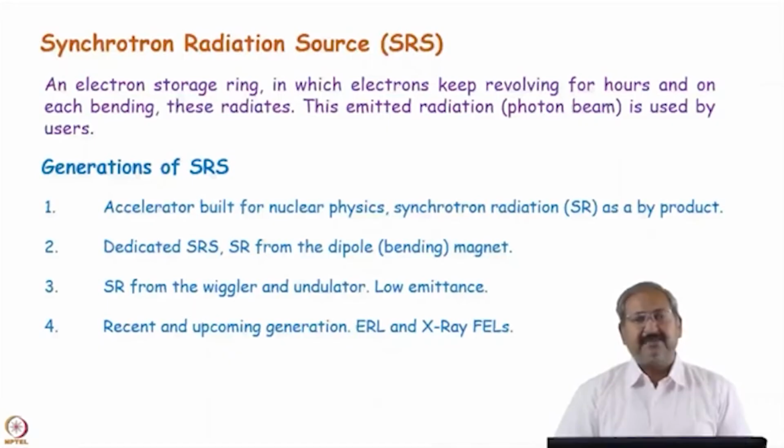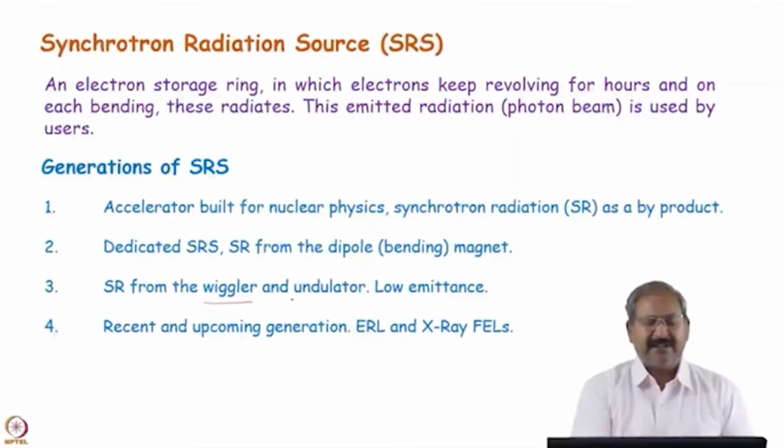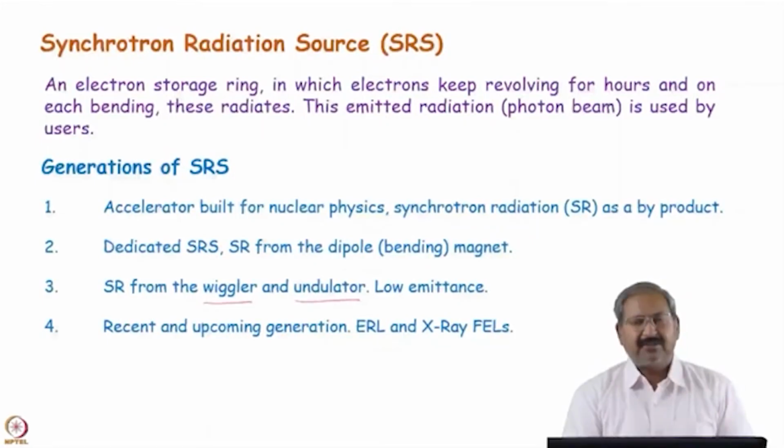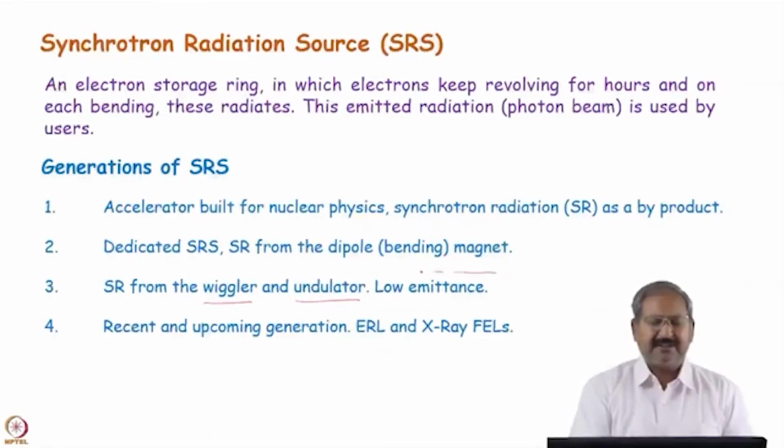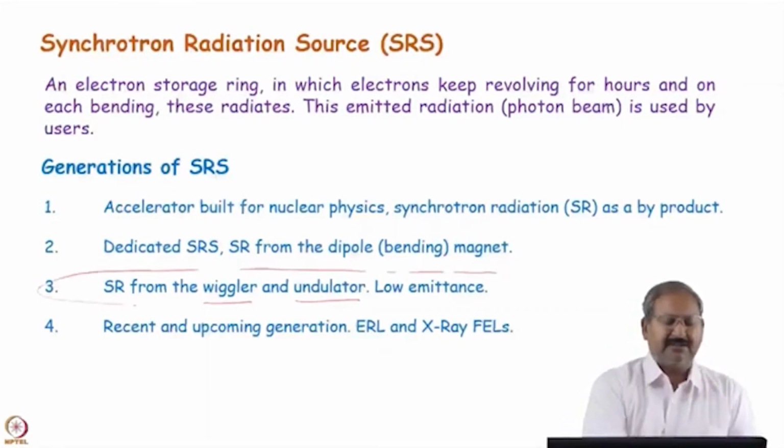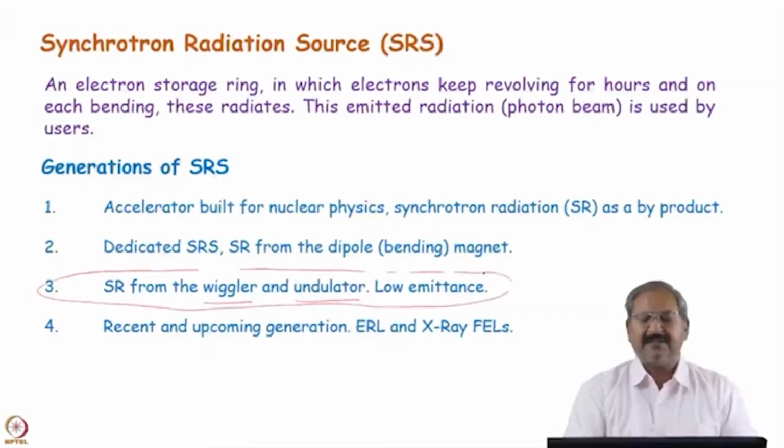Then there were modifications in the magnet design, and some new kinds of magnets were designed to modify the properties of these synchrotron radiations. These are Wiggler magnets and undulator magnets. And also a ring of low emittances has been built. So this was the third generation of synchrotron radiation source, which is still present.